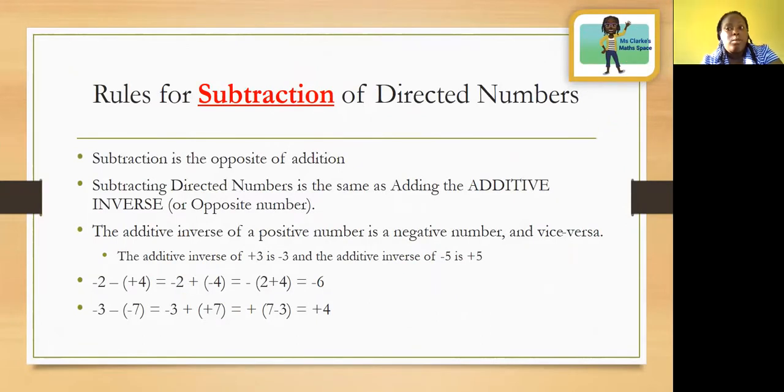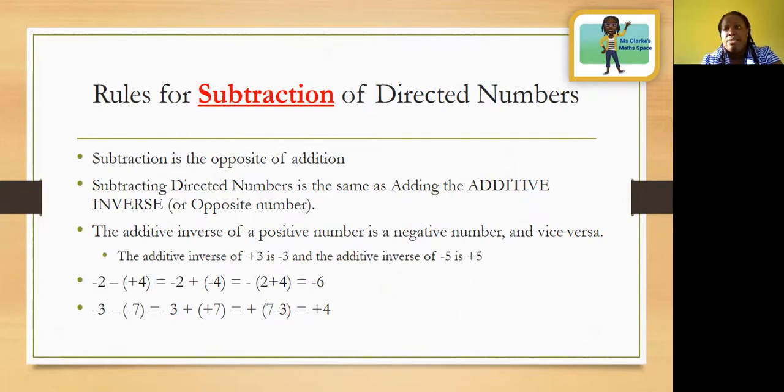So we just did the rules of addition. There are 2 rules: when they're the same sign and when they're different signs. Now we're going to go through the rules of subtraction for directed numbers. How I did it in this case, I just put it like this: subtraction is the opposite of addition.